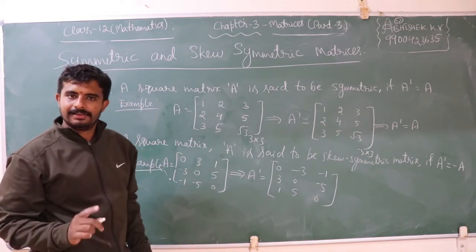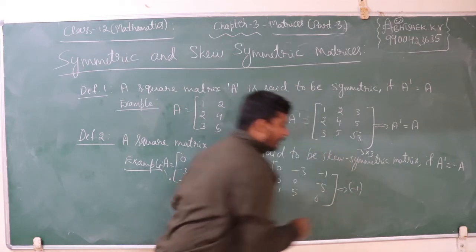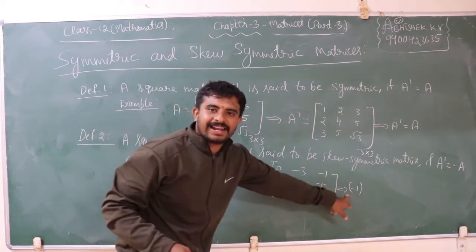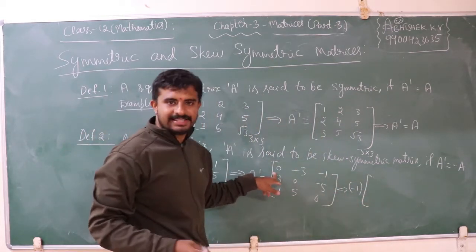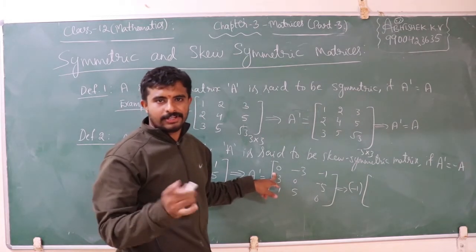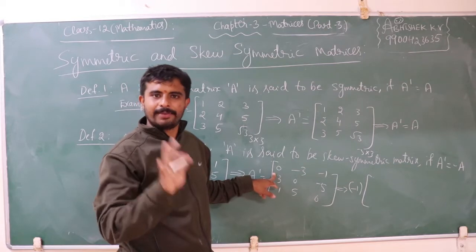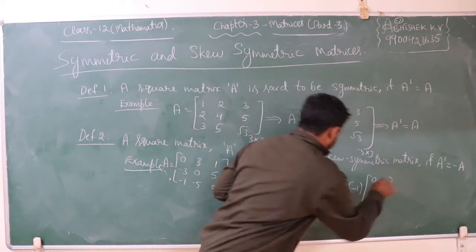See, if I consider minus 1 common here, multiplication by a scalar. What is the scalar? Minus 1. If I multiply minus 1 throughout this: 0, minus 0 may be positive or negative, it remains the same, 0. Minus into minus, plus 3.